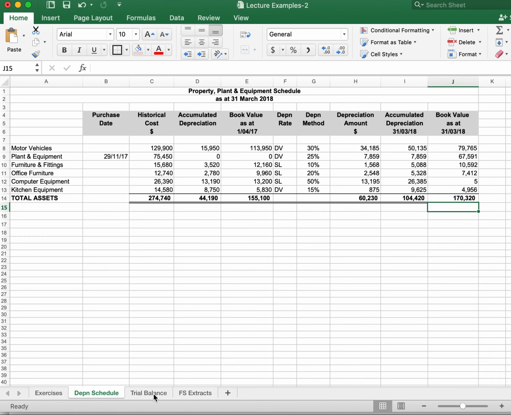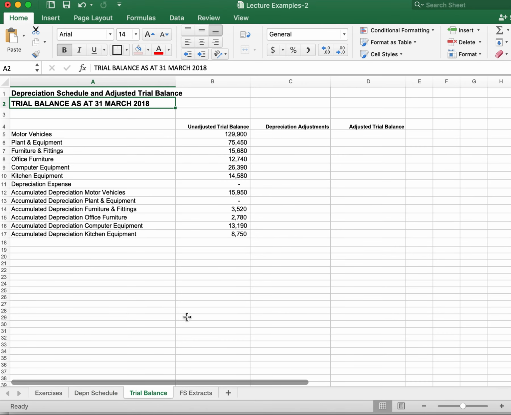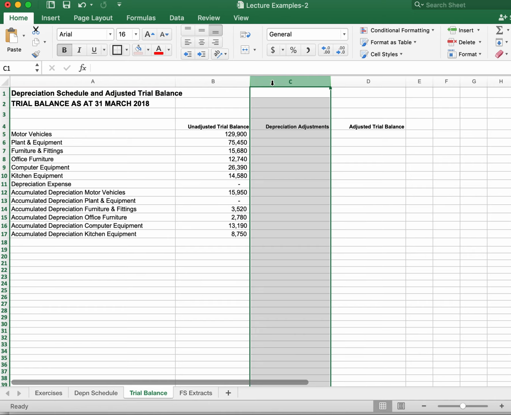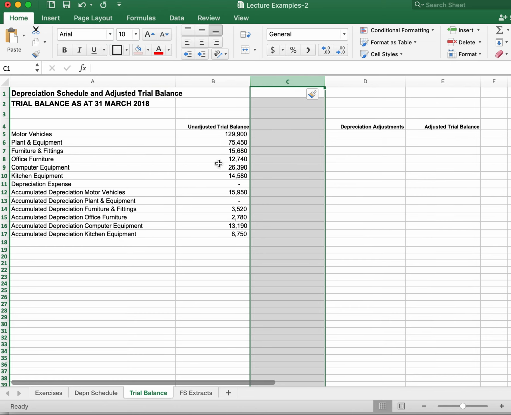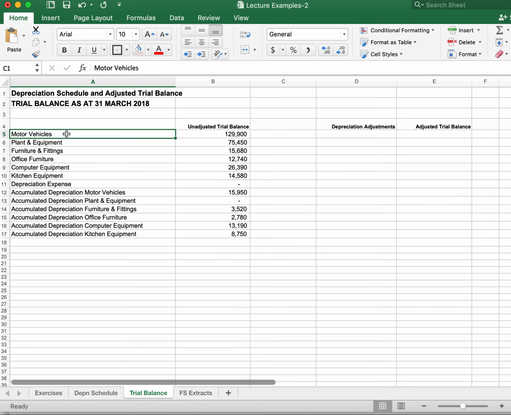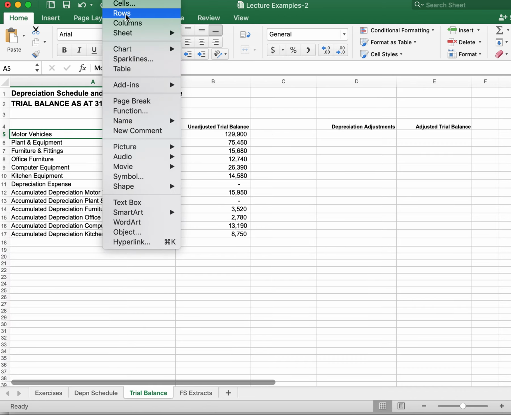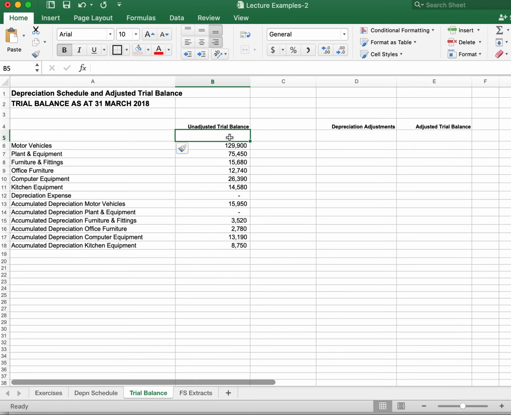Next we go to the trial balance. Again, for me it's useful to know what's debits and credits. For my own sanity, I'm going to insert a column, and we're going to go, that's debit and that's credit.